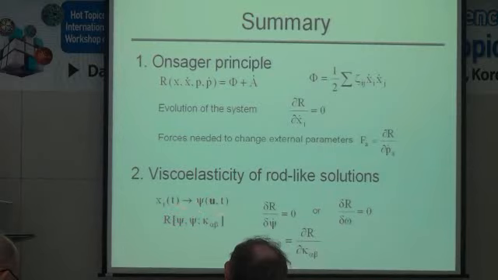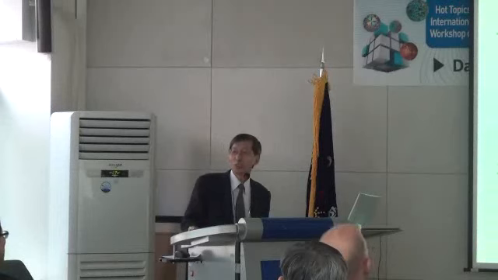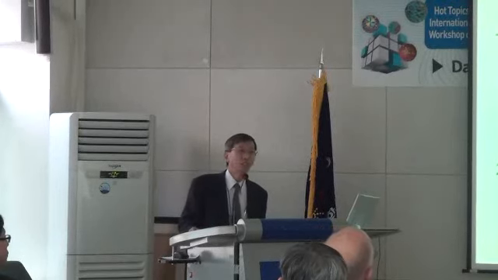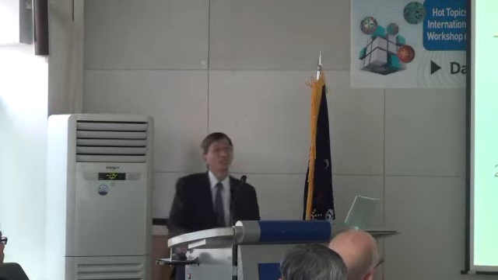Following this principle, you get the time evolution equation for the distribution function. You also have this stress tensor expression. I will repeat the same thing for the liquid crystalline solutions tomorrow. There's no new physics. Just straightforward calculation brings you to this constitutive equation for the viscoelastic and liquid crystal. Thank you for your attention.